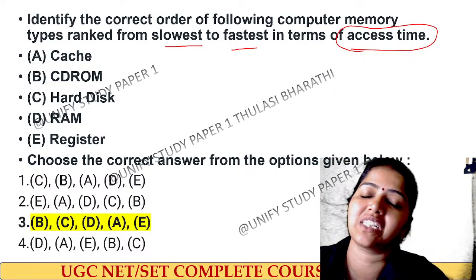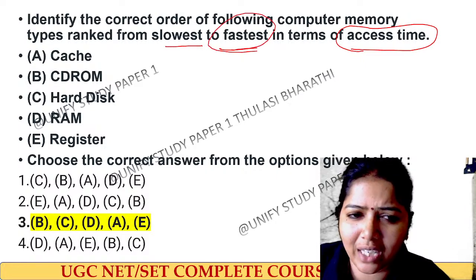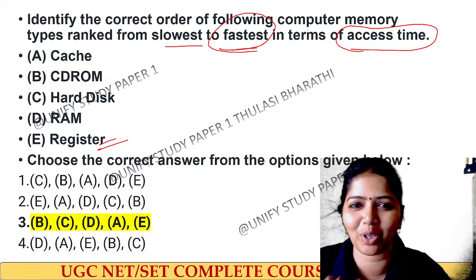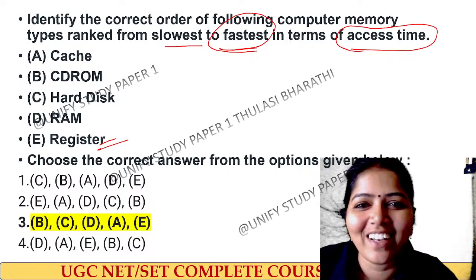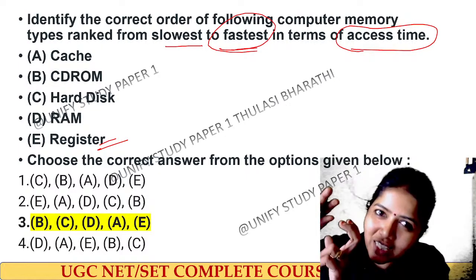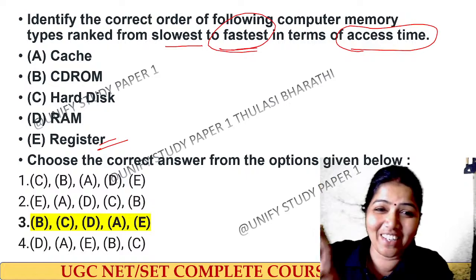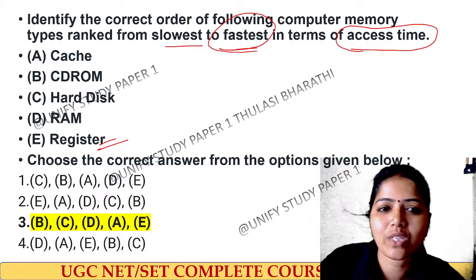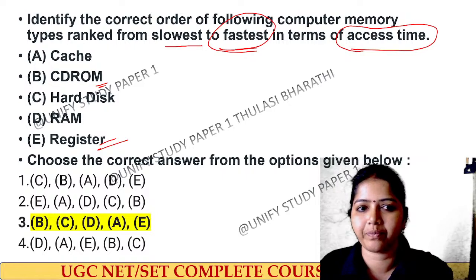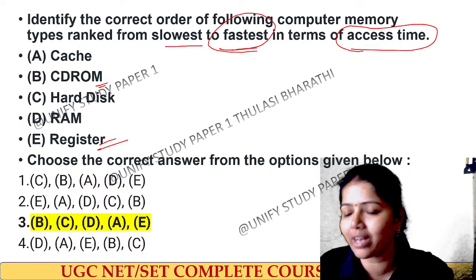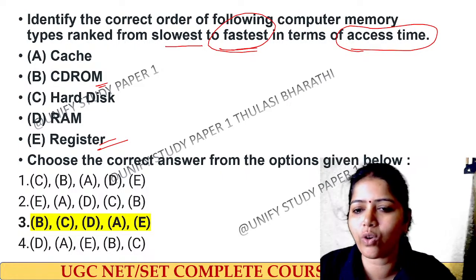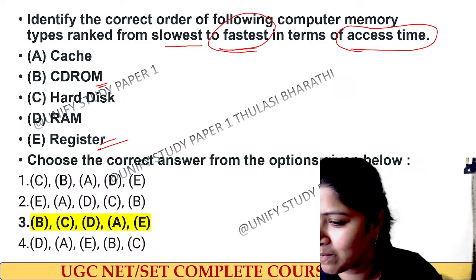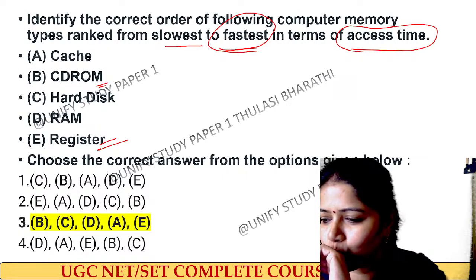Slowest to fastest access time. Fastest, as we all know, is register for sure. So fastest access time is what? Register. Okay, fastest is register and slowest will be your CD-ROM. Am I clear? Why did you all give 2?